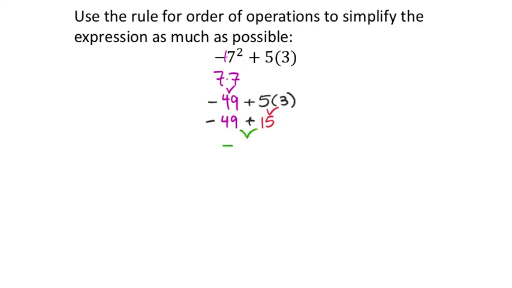Then we take the bigger of the two values, 49, and subtract the smaller, 15. So 49 minus 15: 9 minus 5 in the ones place is 4, 4 minus 1 in the tens place is 3, negative 34. And that looks like our final answer for this one.